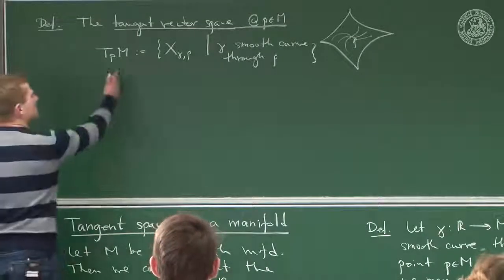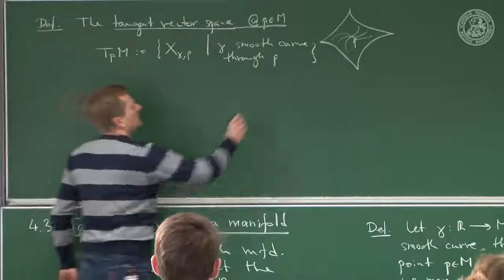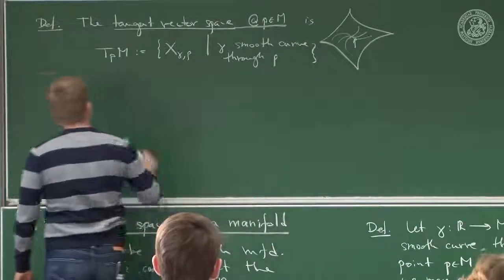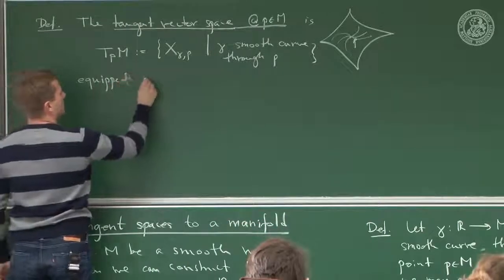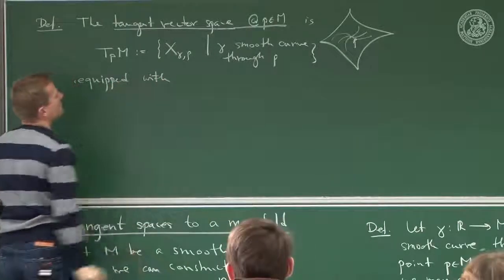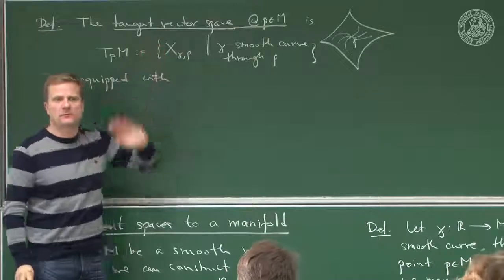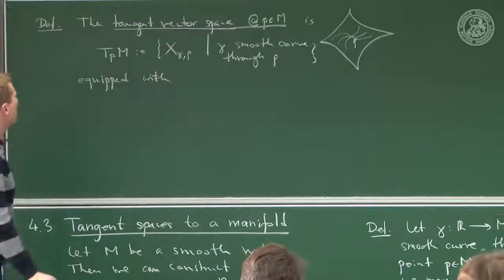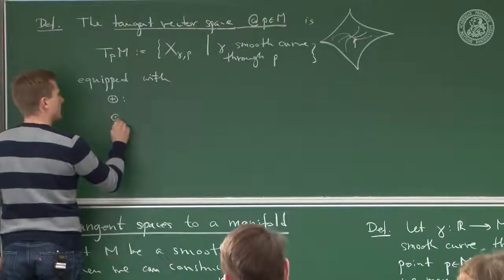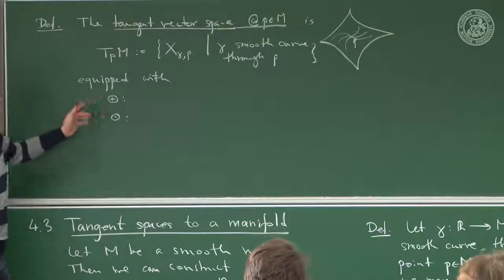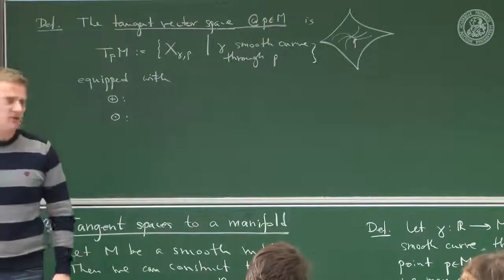Now, this is just a set. Is this set equipped with two operations, and now we've got to be careful. We want to make this into a vector space if we want to do justice to this name. And then we need to define two operations. Again, to be careful, we first call them circ plus and circ times.